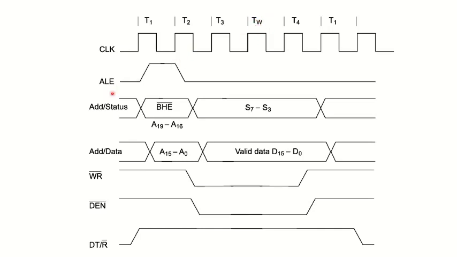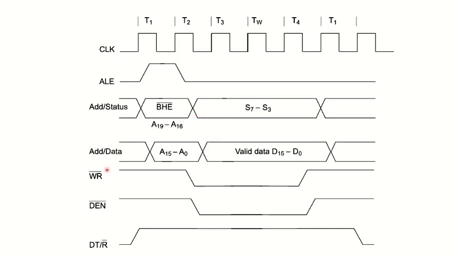As ALE is high, the multiplexed address data bus will have the address, and for the next T state there will be data available. Again in the multiplexed address status bus, initially when ALE is high the address will be available, and for the next cycle there will be status.